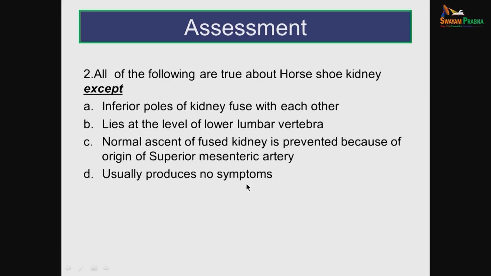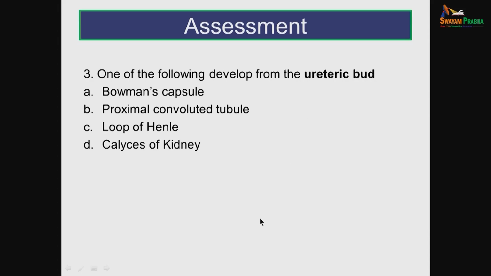Usually horseshoe kidneys do not produce symptoms. So the answer for this MCQ is C. Normal ascent of fused kidney being prevented because of origin of superior mesenteric artery is not correct. The answer is that it is prevented because of origin of inferior mesenteric artery. We will move to the next MCQ.